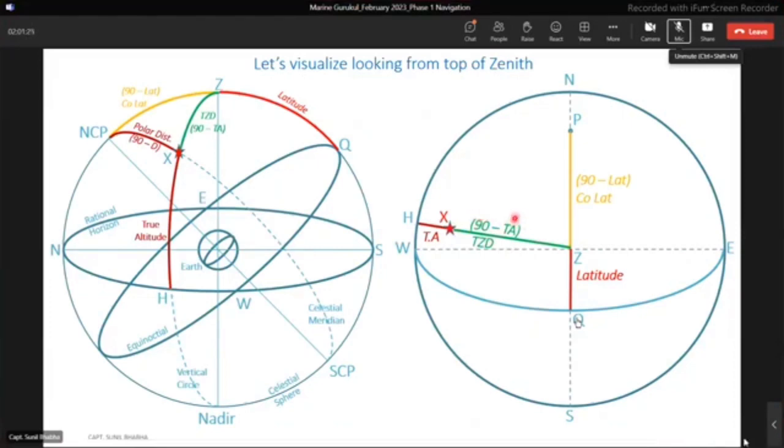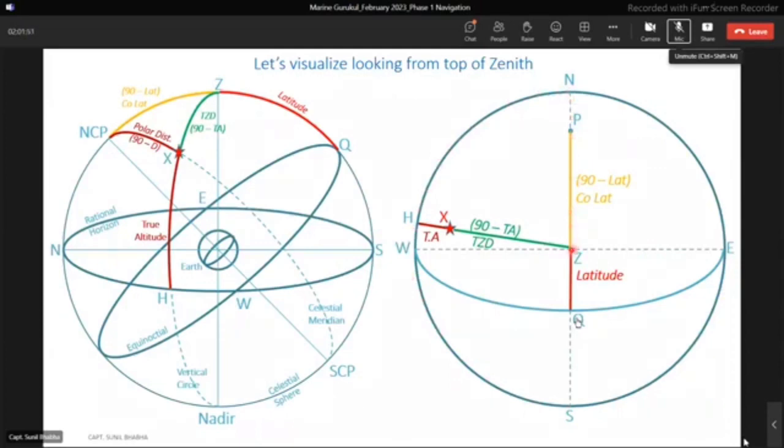Another important thing in the rational horizon diagram, you see the zenith is at the center of the rational horizon plane diagram, and the circumference which you see of this particular diagram is the rational horizon of the observer. Now we know every point on the rational horizon is 90 degree away from the zenith.